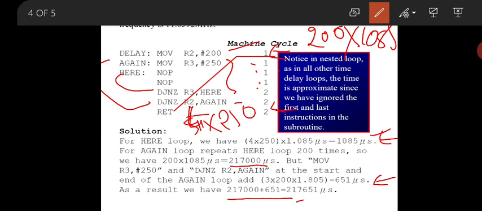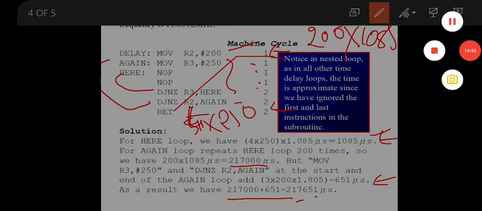I'm just repeating the same program I calculated here. There are two more instructions, MOV R2 comma 200 and return. So the total time period will be 3 into that time period, multiplied by 12 divided by 11.0592, and added to 651, so I get 217651 microseconds.